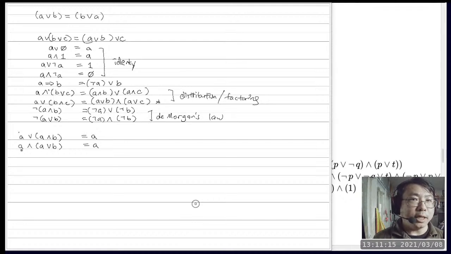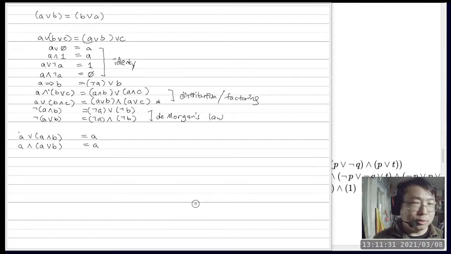If we know that A is false, then there's a chance that A or B is true, but it doesn't matter because in a conjunction, if one component is false, then the whole thing is false anyway. So that makes A or B a completely useless expression.